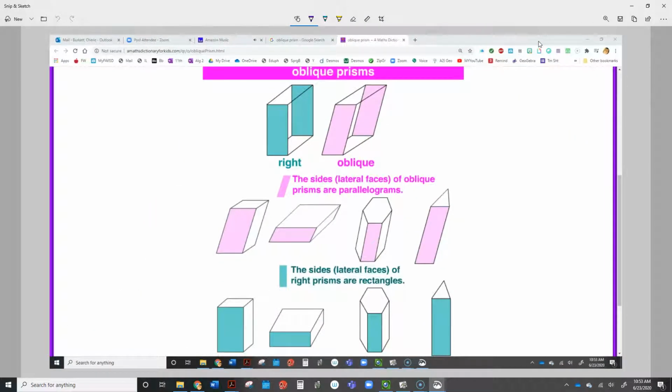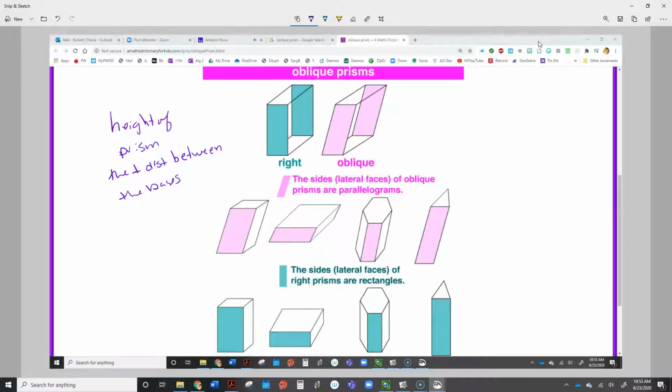So this one right here, this is the definition: the height of a prism is defined to be the perpendicular distance between the bases.